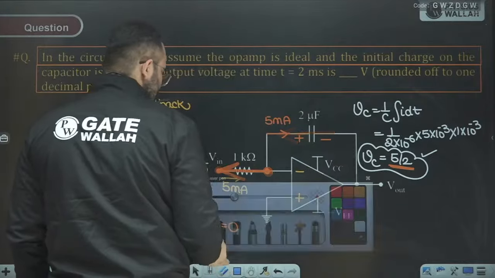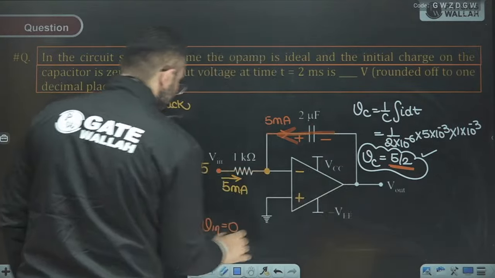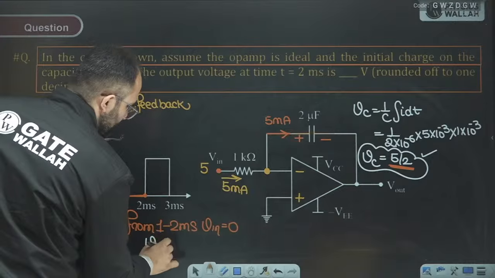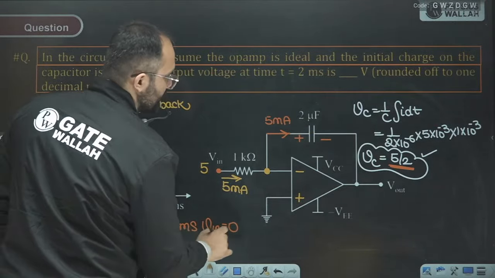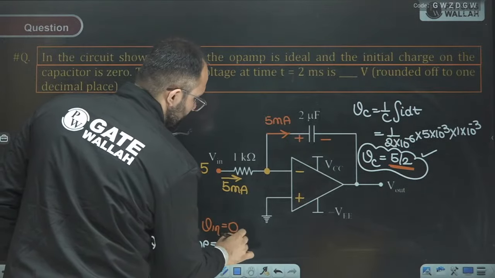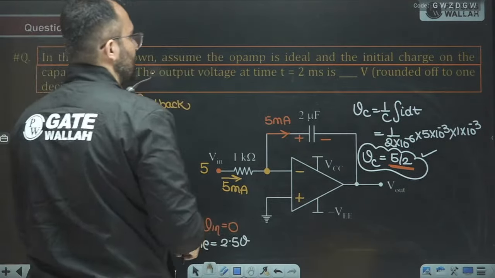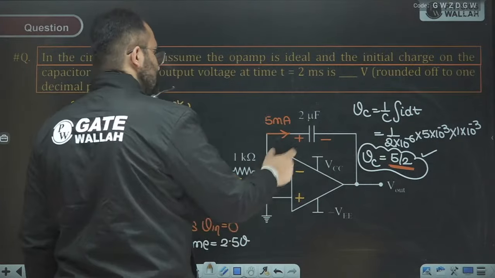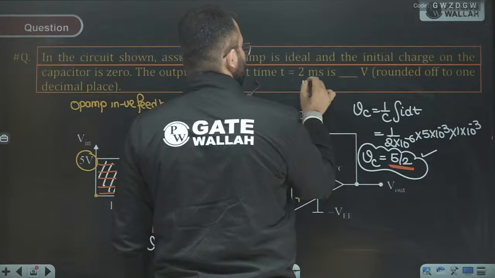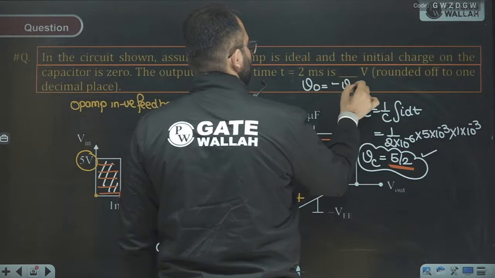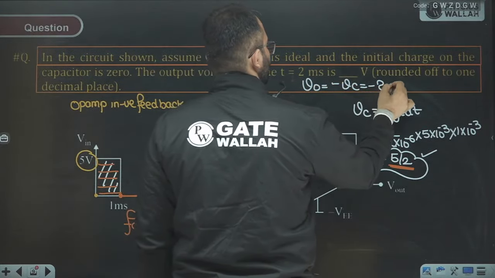So the capacitor voltage will remain the same, that is 2.5 volts, and the output voltage will be equal to minus the voltage across the capacitor, minus 2.5 volt.